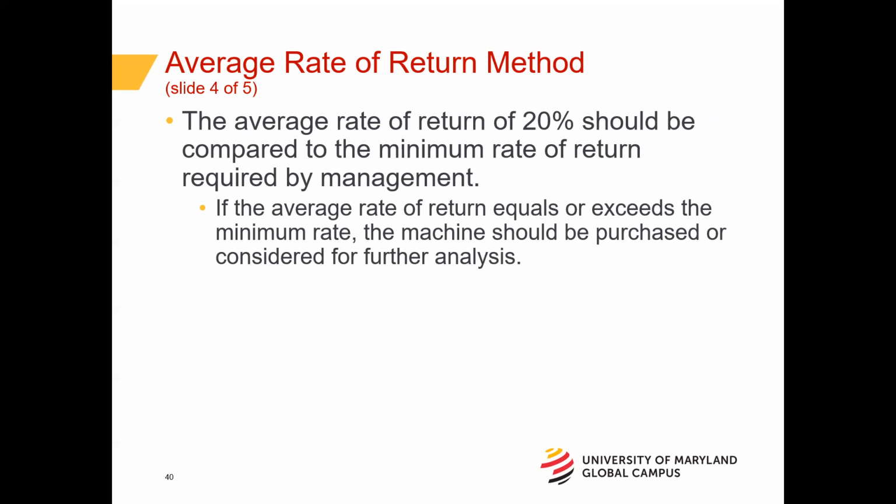It's set by management. Typically, they want to at least get 10% back. That's pretty standard. But it is still an arbitrary number. It's something that's set by management. So they'll compare the two rates. If the rate is above the minimum, then typically management will accept the proposal to purchase that type of machine.